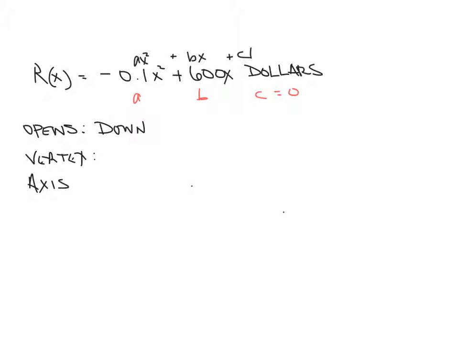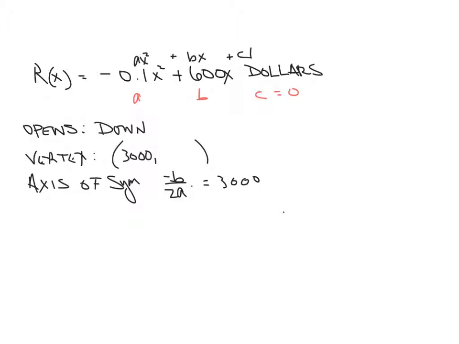I'm going to do the axis of symmetry first, because remember, the axis of symmetry is the x value of the vertex. So once we find that, we're good to go. Negative b over 2a, and when we plug numbers in, 3,000 is my axis of symmetry. It also means that the first number in my vertex, my x-coordinate, is also going to be 3,000.